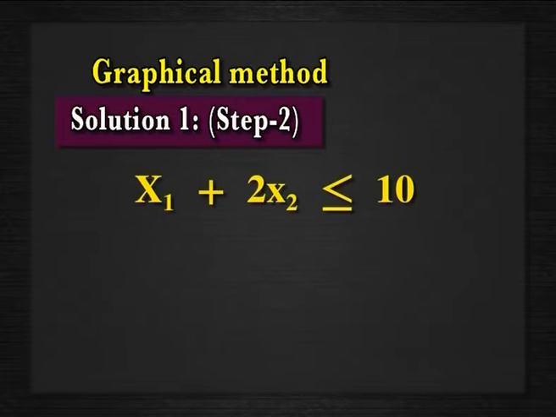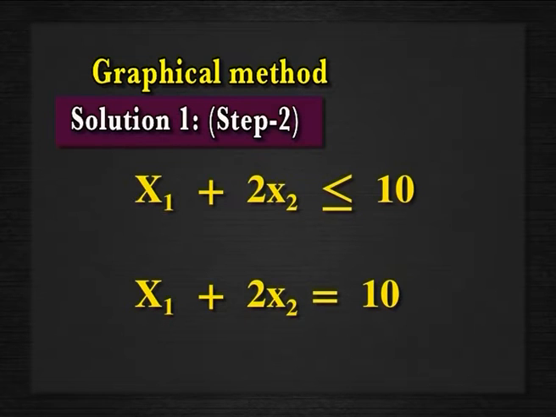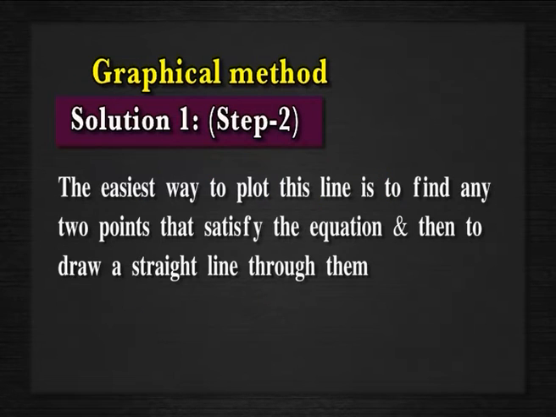Consider the constraint x1 + 2x2 ≤ 10. Treat this as the equation x1 + 2x2 = 10. The easiest way to plot this line is to find any 2 points that satisfy the equation and then draw a straight line through them.